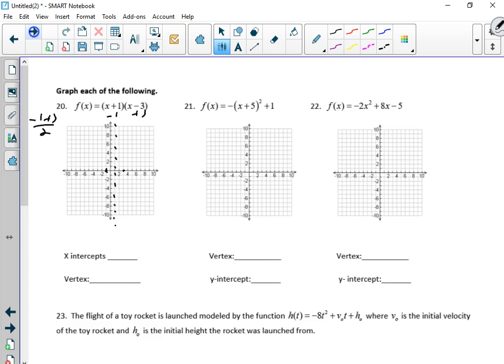So x equals 1 is my equation of my line of symmetry. So I'm going to put 1 in here and here. So 1 plus 1 is 2. 1 minus 3 is negative 2. So that's negative 4. So my dot is right there. And there is my parabola. Vertex at 1, negative 4. So negative 1, 0. 3, 0. And 1, negative 4.